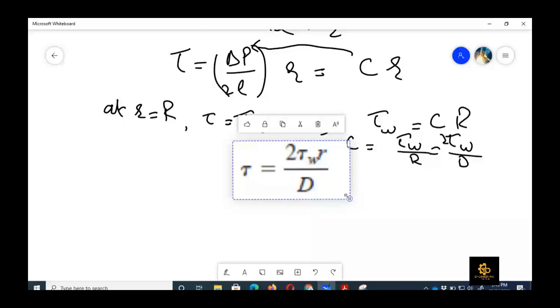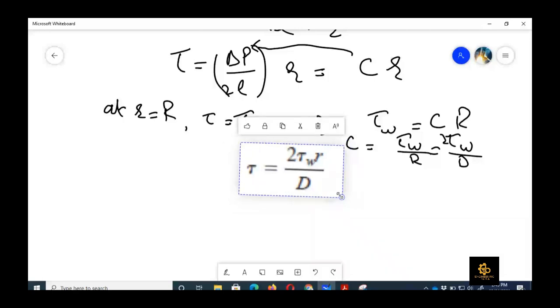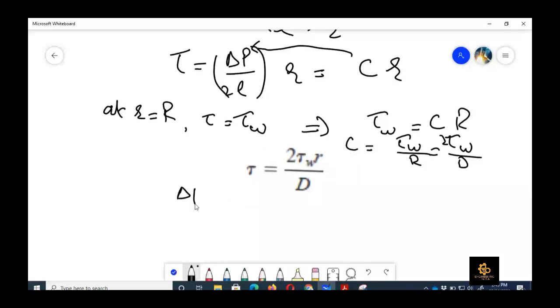The second relation we know is delta p upon L, that is equal to 2 tau upon R. Right? So now if we want to write delta p in terms of tau W, what is tau W here?